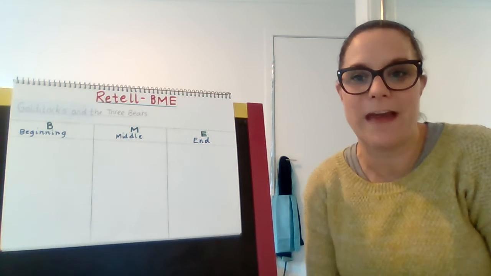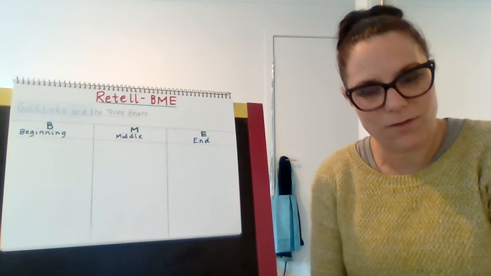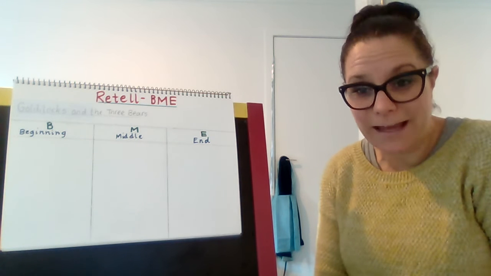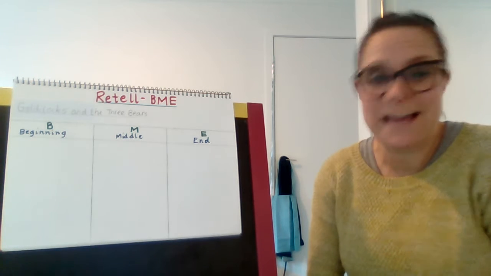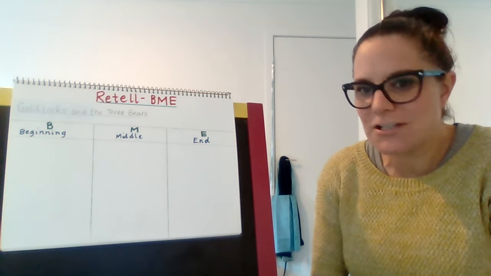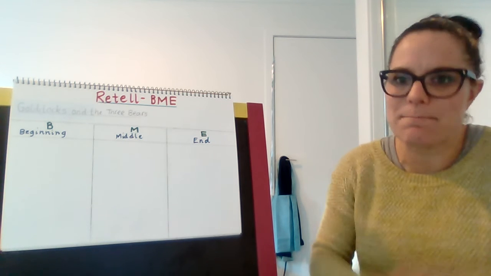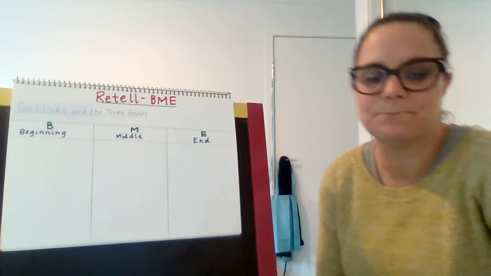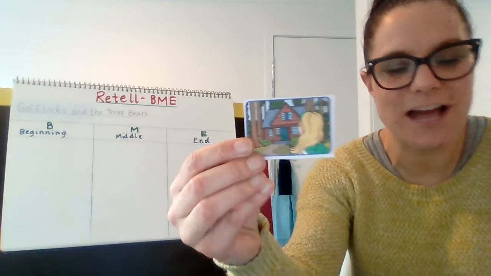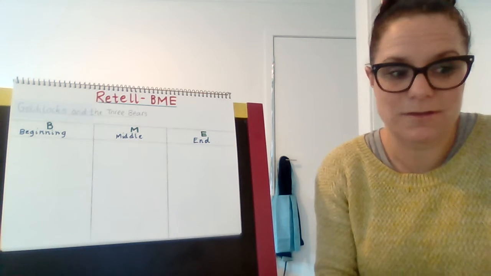They're really important elements. For Goldilocks and the Three Bears, obviously, at the beginning of the story, we meet the fantastic Goldilocks, and she's walking through the forest and she comes to a house. And that's our first major thing that happens in the story. Now, I have a picture here of Goldilocks, and Goldilocks has just seen the bear's house.